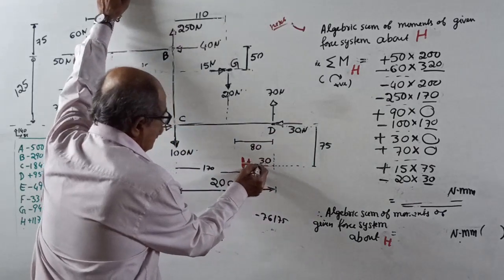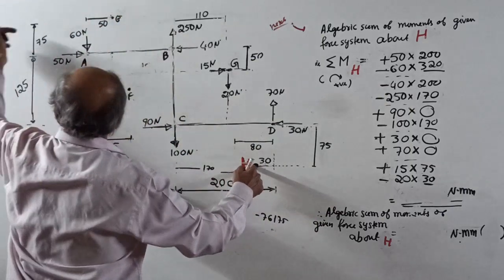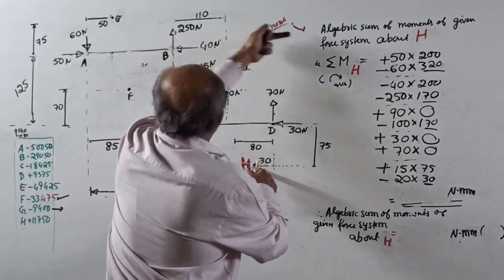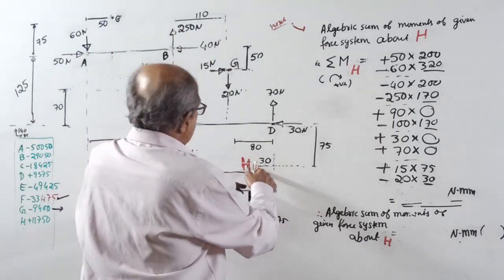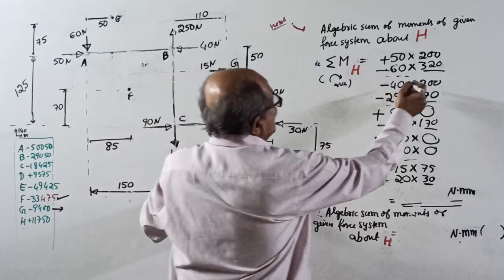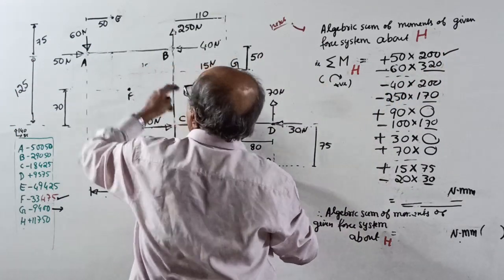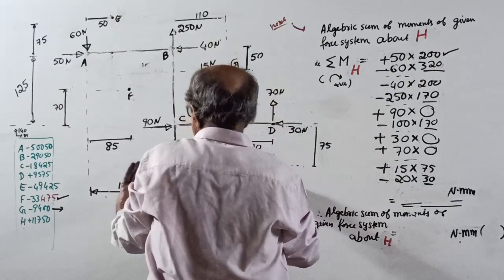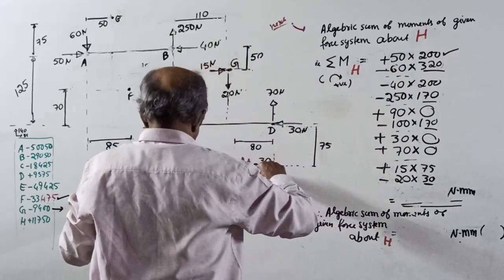See, about the point H, carefully do once again now. Good for health. 50 into 125 plus another 75 is 200. Correct. That is clockwise. Then minus 60 into 200 plus 150 is 350.